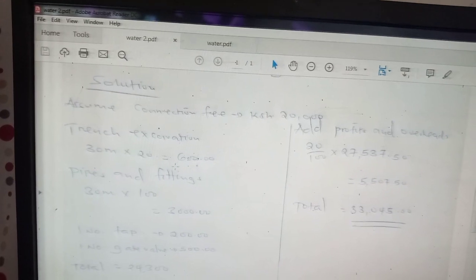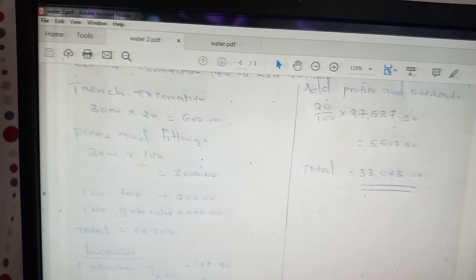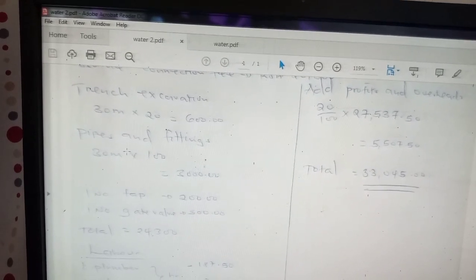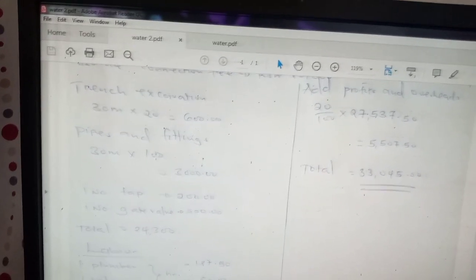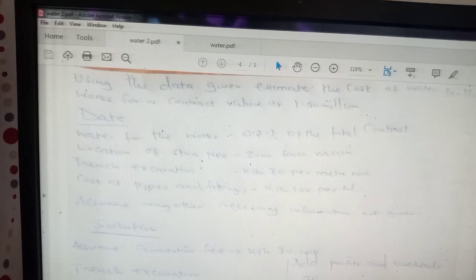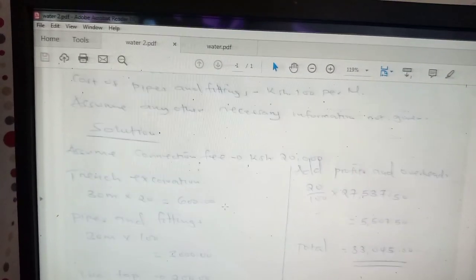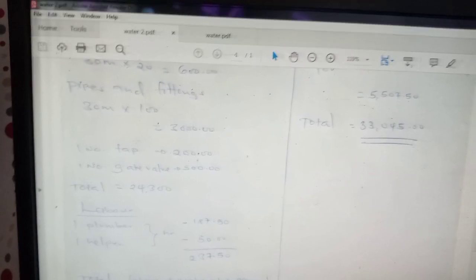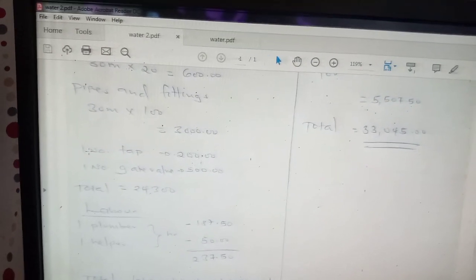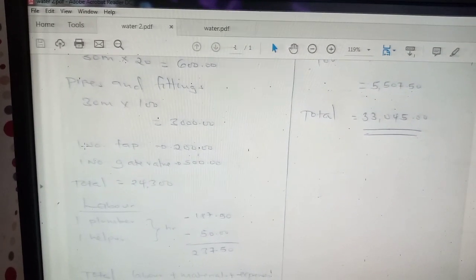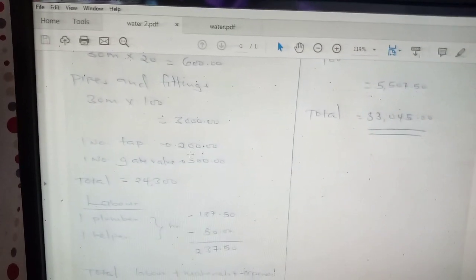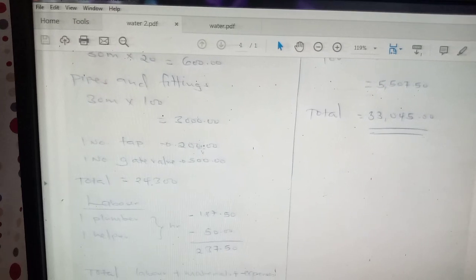Then you go to pipes and fittings, which will also cover a distance of 30 meters, so you multiply by 100, which was the cost of pipes and fittings, so that you get 3,000 shillings. Then you add one tap that will be connected to the pipes where water will be fetched, which is 200 shillings.